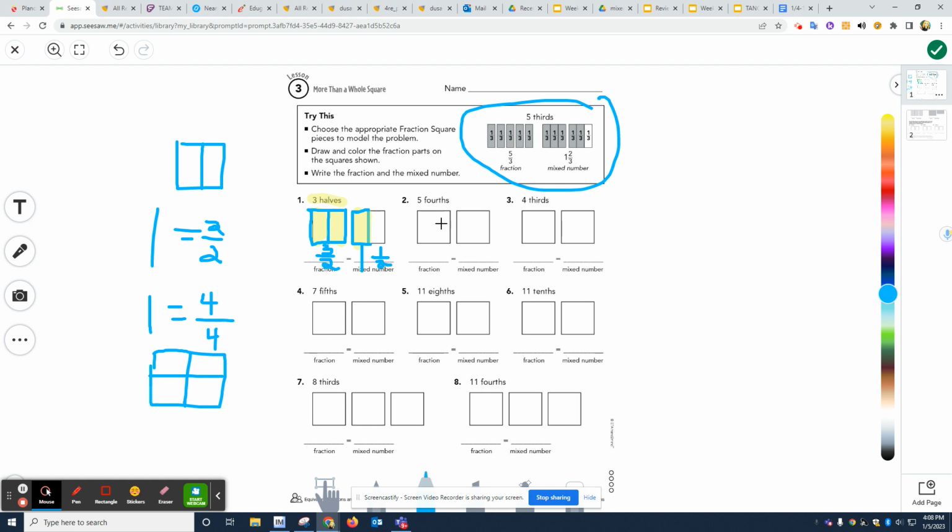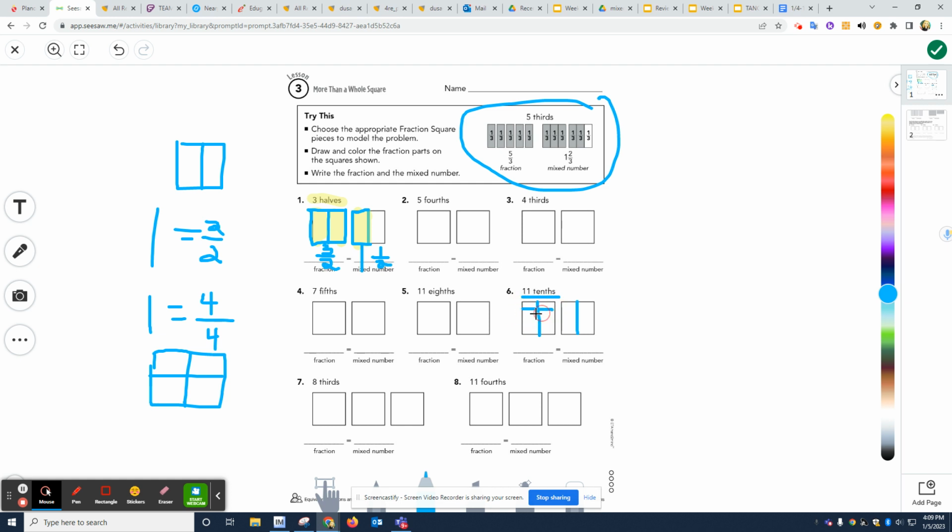We're going to try another problem together. I'm going to pick a more challenging problem. I'm going to try this one, 11 tenths. So I first have to draw these squares into tenths. If it was me, I would cut it in half, and then I would make 5 bars this way, because 2 times 5 is 10.